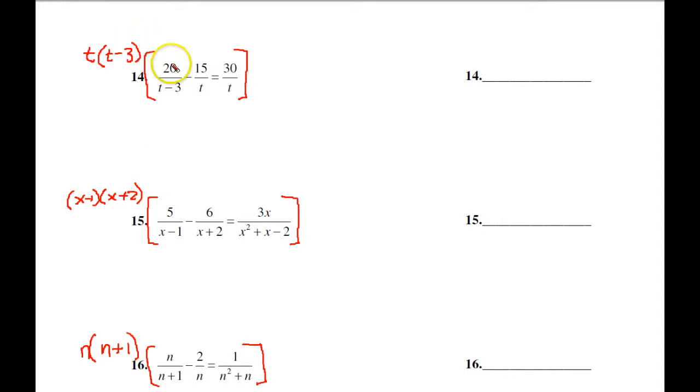So let's get the equation here. We're going to cancel this with this, and this becomes then 20t. Then there's a negative. We have to be sure we have our negative there. So t will cancel out there, and we're left then with -15 times t minus 3.